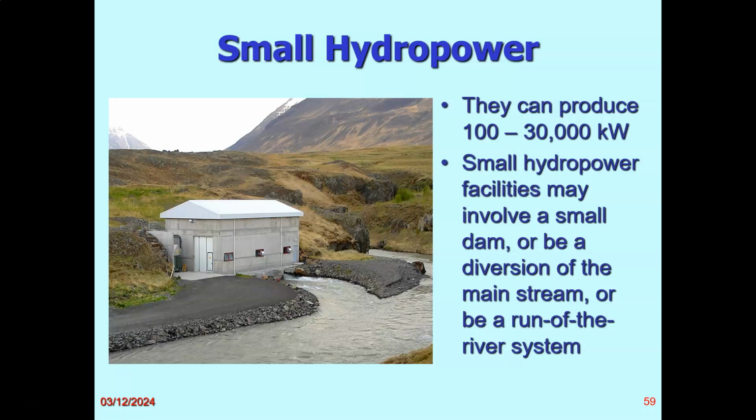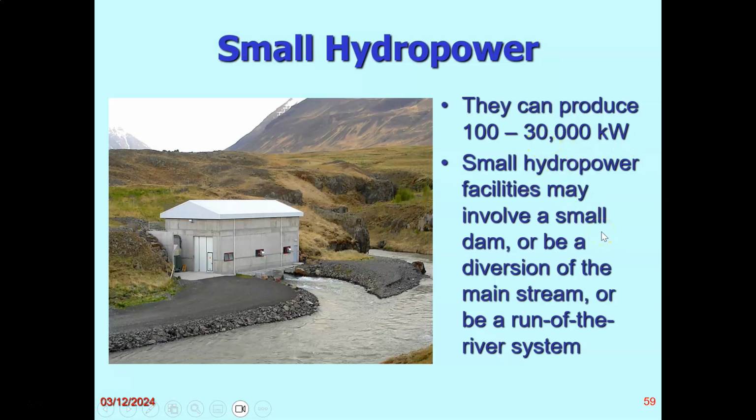On the other side, with small hydropower, you can see here, for example, the water comes from a diversion and is then given back to the main river. Normally, when you say small hydropower, it means they produce an amount of energy lower than, let's say, 3,000 kilowatts.